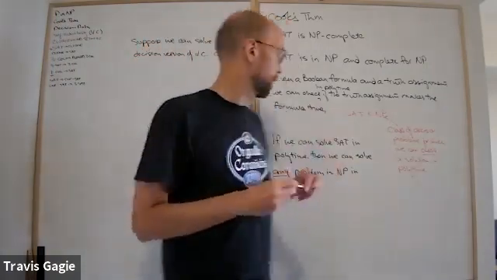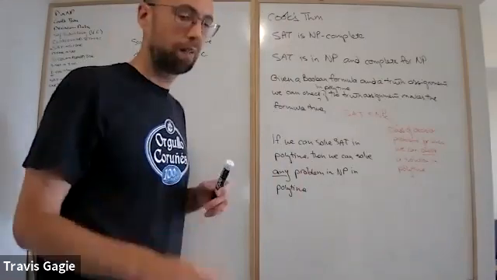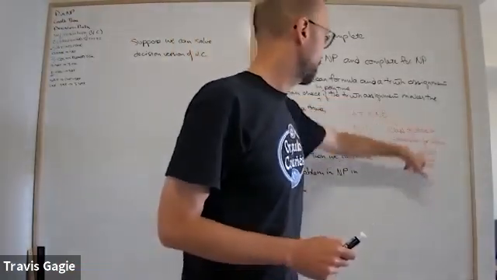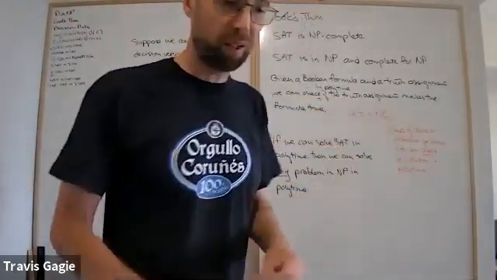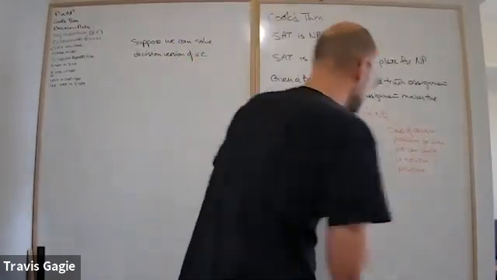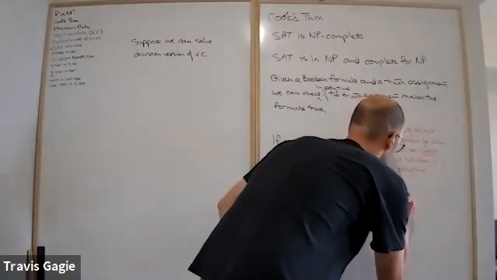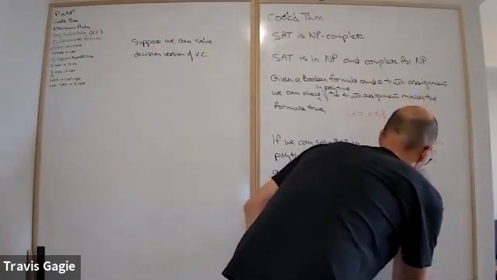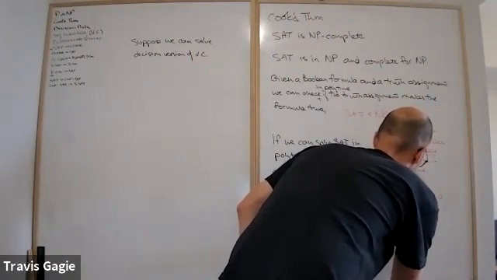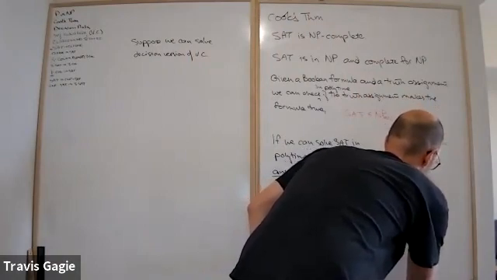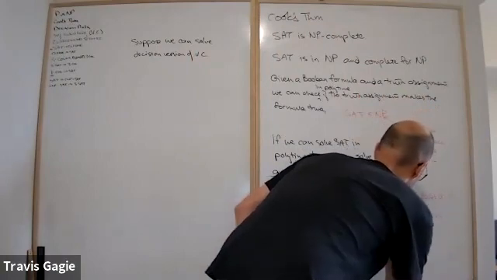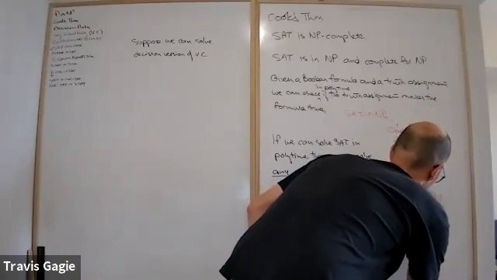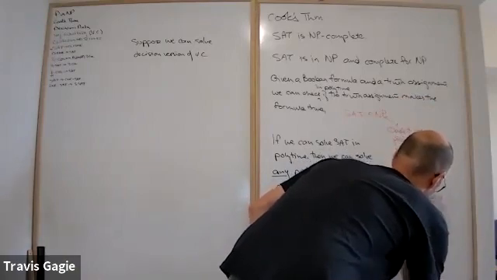So NP is the class of problems for which we can check a solution in polytime. P is the class of decision problems we can solve in polytime.